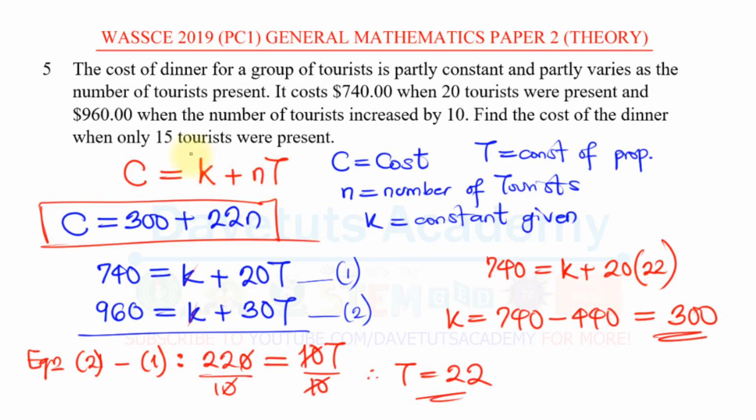And look at the question. They are now saying that when we have 15 tourists, what is the cost of the dinner? All you just need to do is to substitute 15 into N and then find the expression as appropriate.